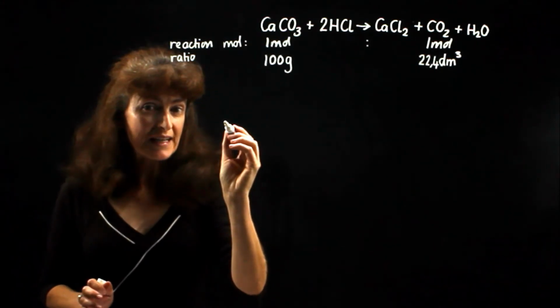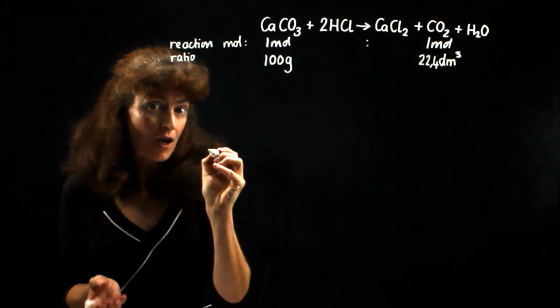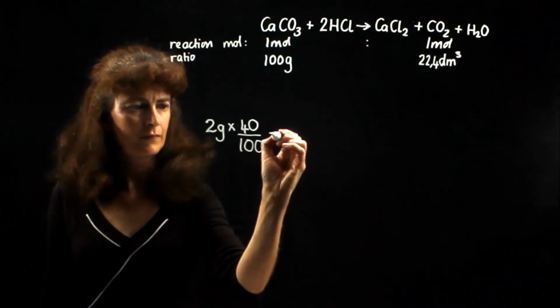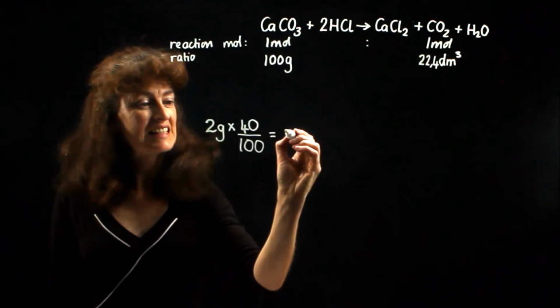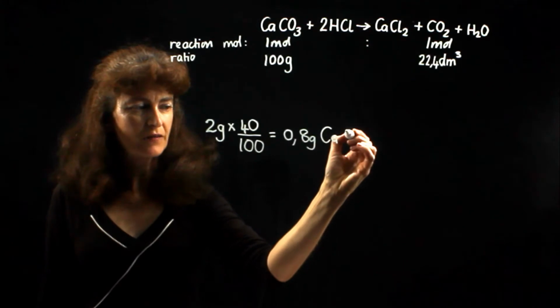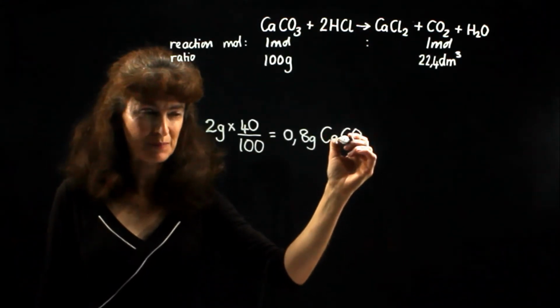So firstly, we need to determine what is 40% of 2 grams. And the answer, 0.8 grams. That is the mass of calcium carbonate inside one of these antacid tablets.